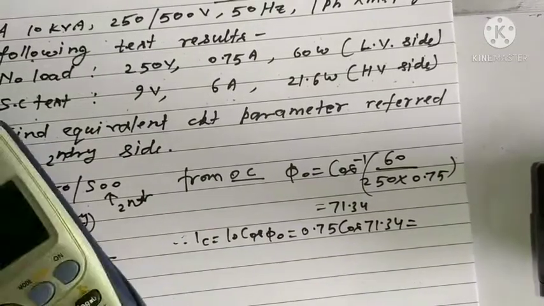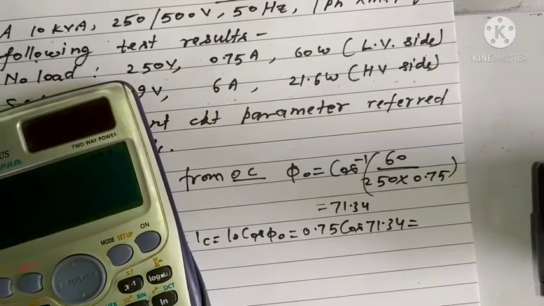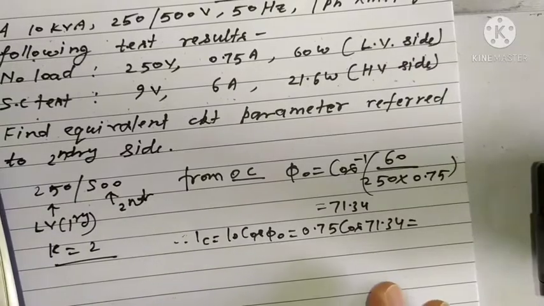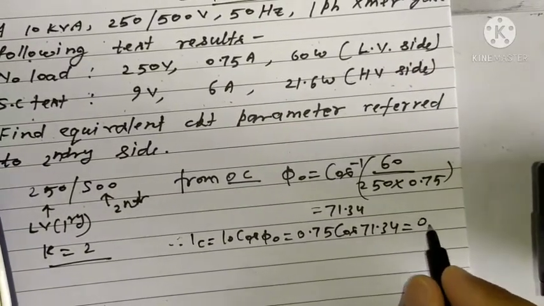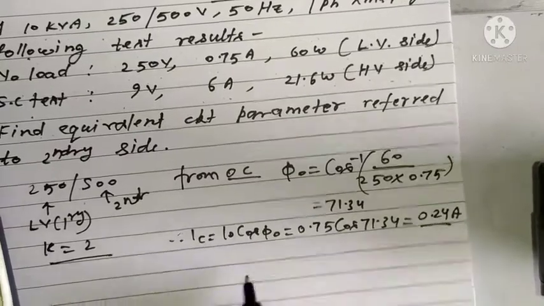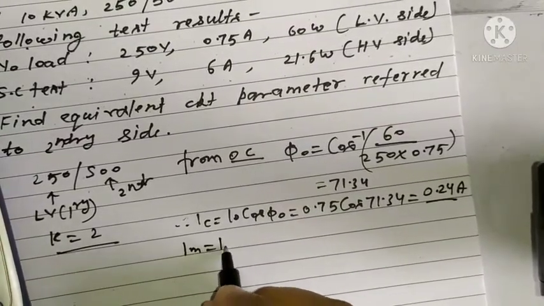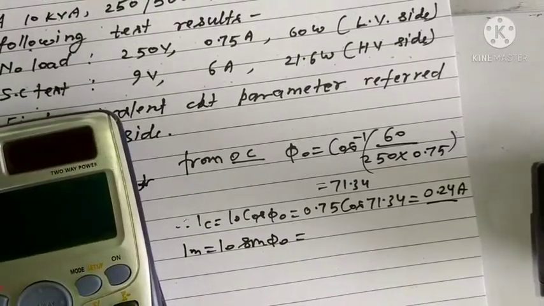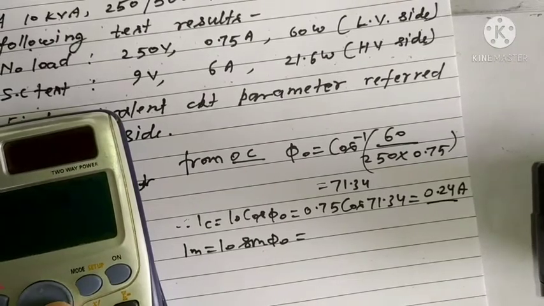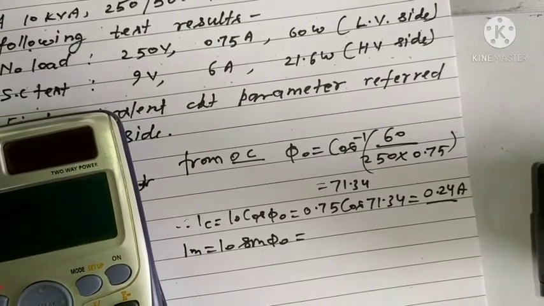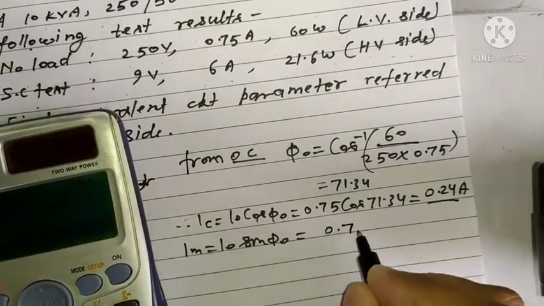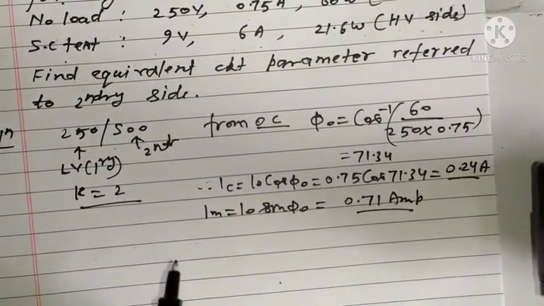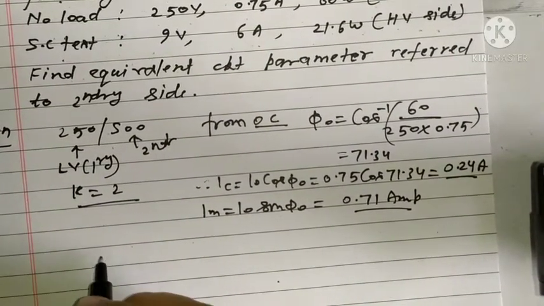It comes as 0.2399, that is 0.24 ampere, and IM will be I naught sin phi naught, so it comes as 0.71 ampere. So R naught and X naught, which are on primary side only, can be calculated.